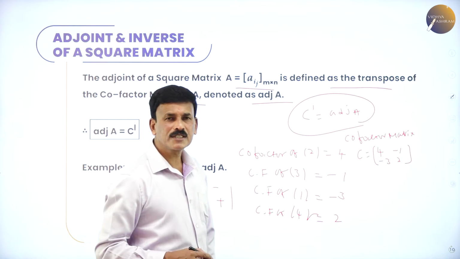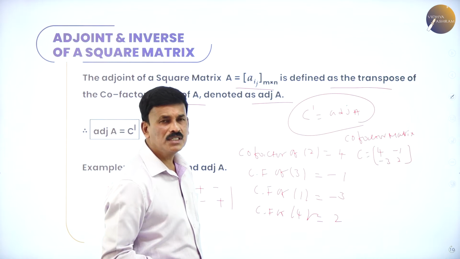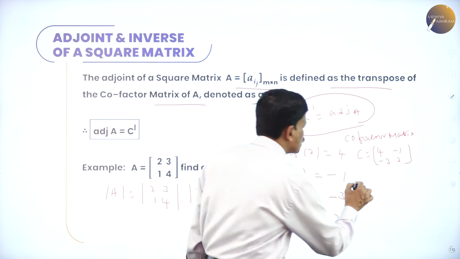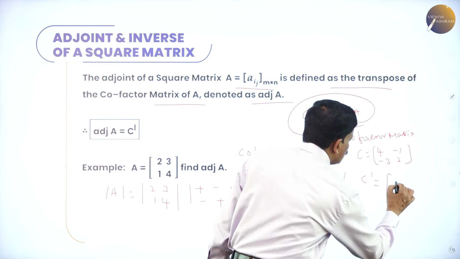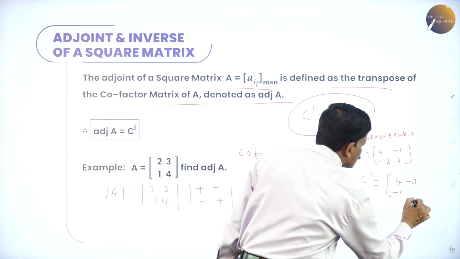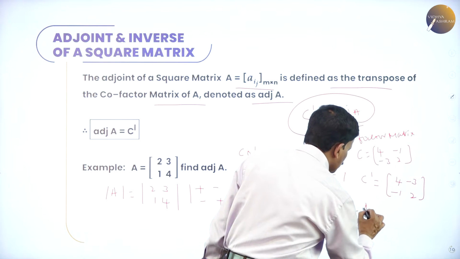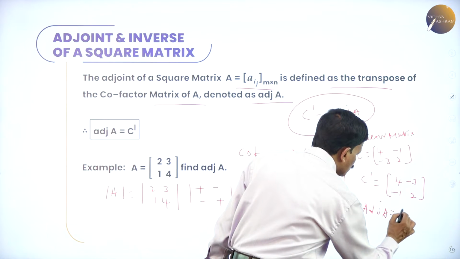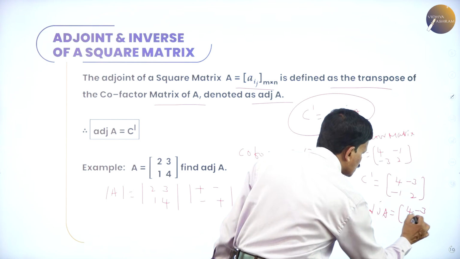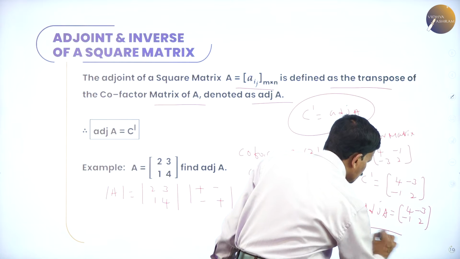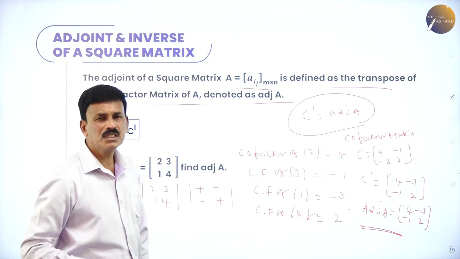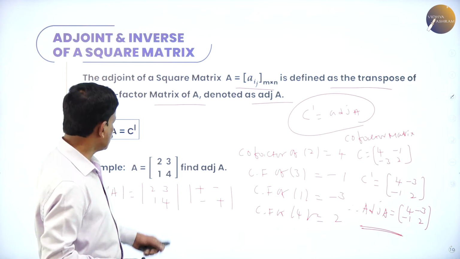This is the cofactor matrix. Now, according to the definition, what is the adjoint? The transpose of this, C' = [4 -3; -1 2]. So, the adjoint of A is C' = [4 -3; -1 2]. This is called the adjoint of a given 2 by 2 matrix.